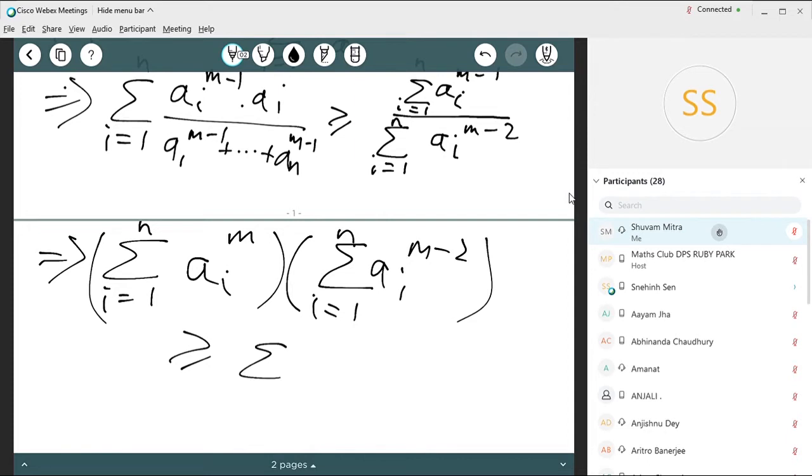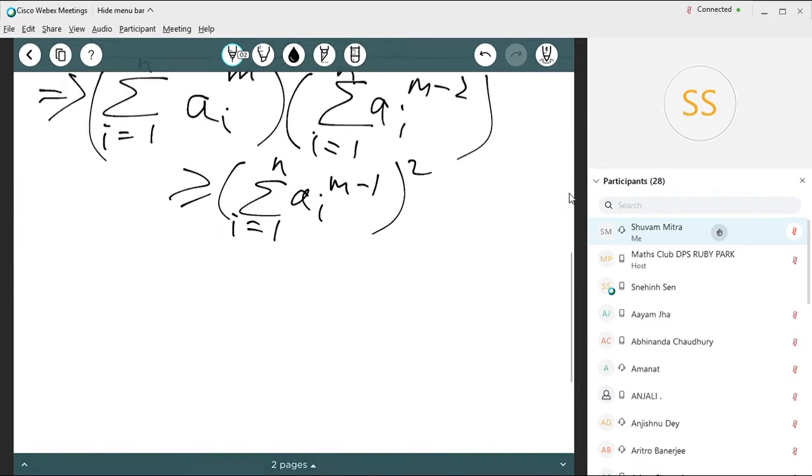Okay. Well, for the rational part, you can straight away use induction after this, if you know the case for m equal to 2, and then follow it from here.